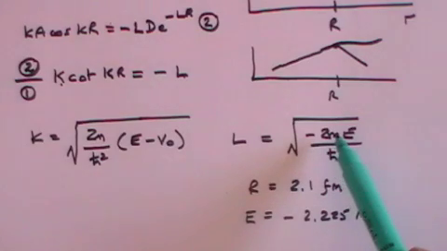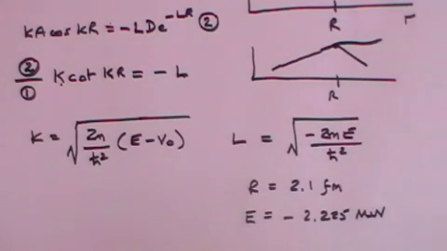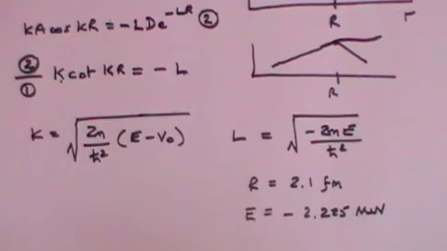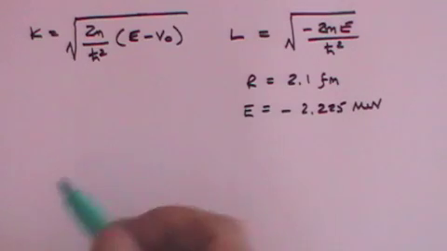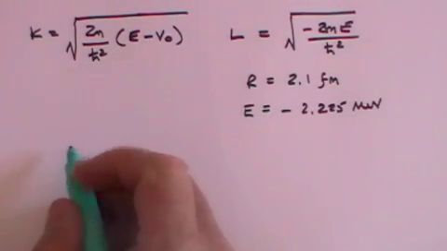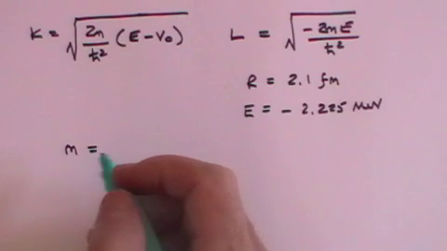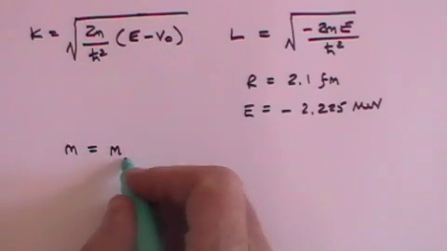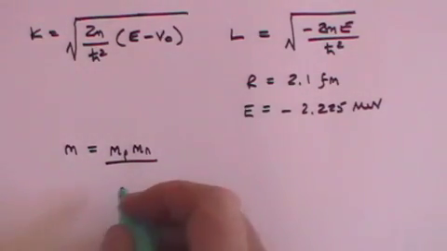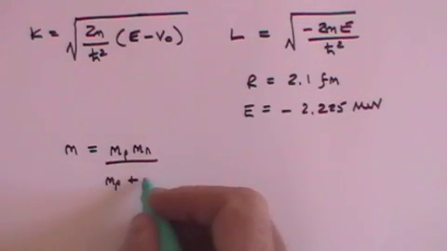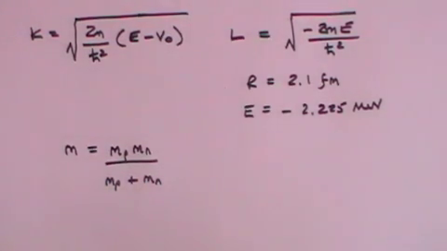What is the value of M? It's not simply the mass of the proton, because you've got a proton and a neutron, and what you actually have to do is to look at the centre of mass. And if you look at some of my classical mechanics videos, you'll see how centres of mass are determined. The actual value of M that has to be used in these equations is the centre of mass formula, the mass of the proton times the mass of the neutron divided by the mass of the proton plus the mass of a neutron.